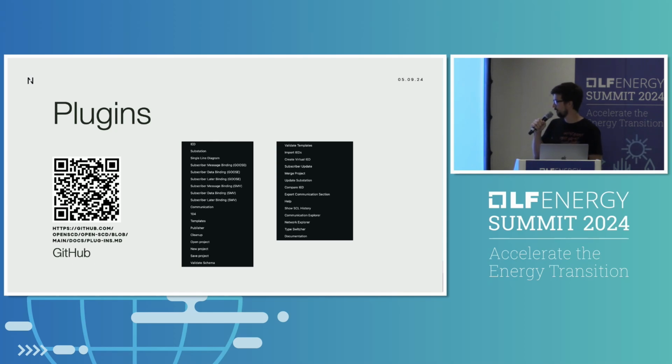We have a few default plugins, and on the first list on the button you can see something like open project and new project. Just keeping that in mind, this is going to be interesting later. And why is it a plugin and why is it not part of something? If you are interested in the full plugin list, there's the link. It's on GitHub, and you can check it out, or you can scan the QR code.